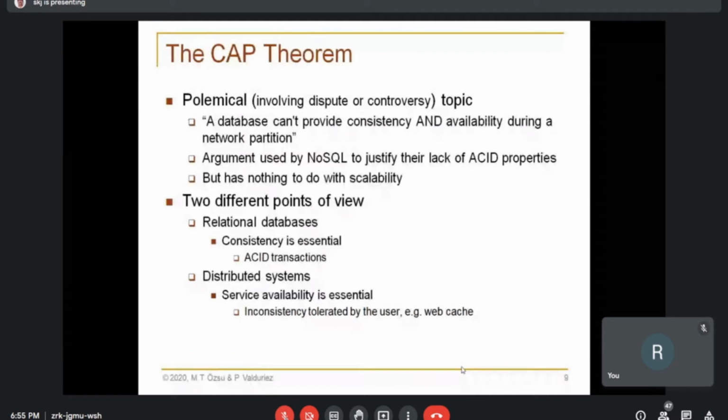Argument used by NoSQL to justify their lack of ACID properties. Take a social network website. Suppose we have data of a social network. The data is not of the kind that must be satisfied by the ACID properties.